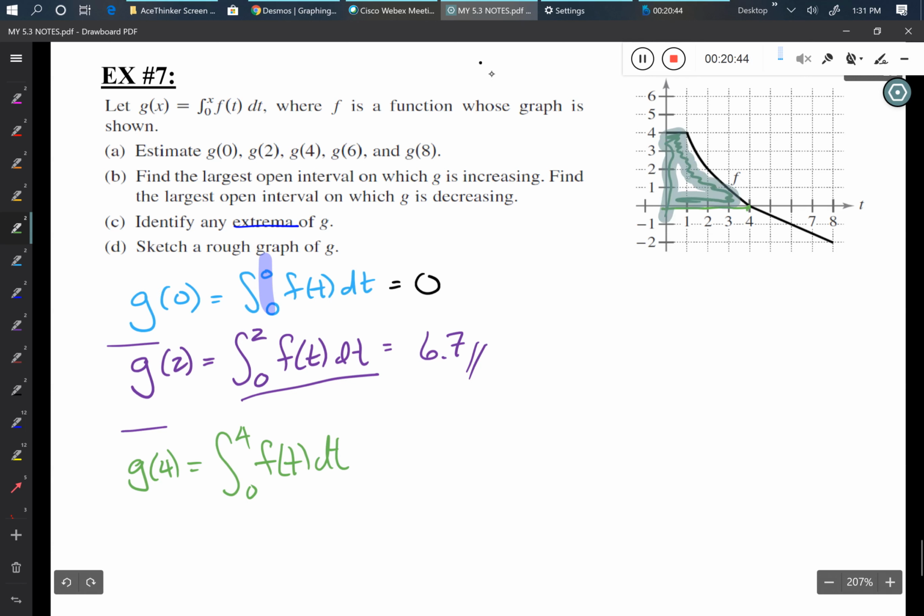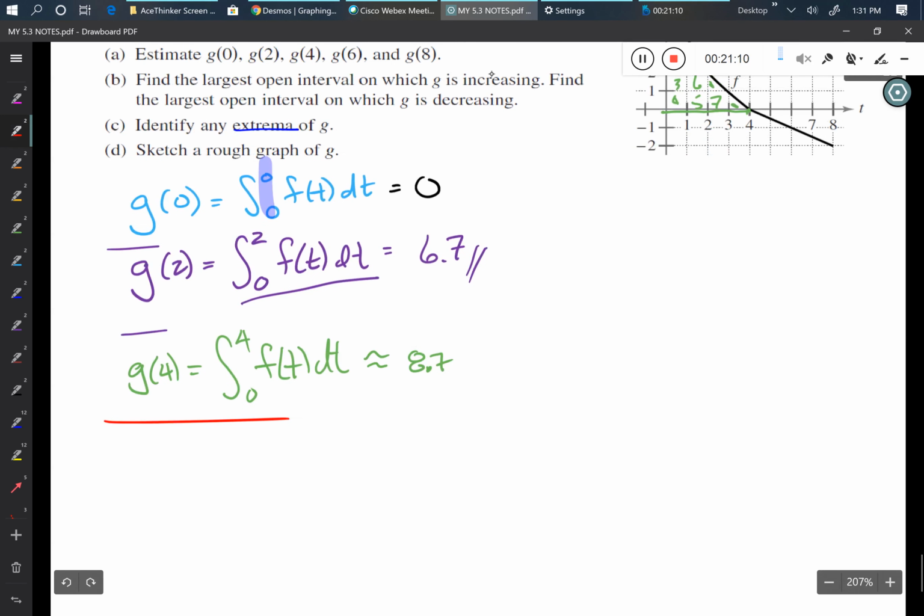And so what is that approximately? Well, 1, 2, 3, 4, 5, 6, 7 full. 8 if I count those two. 8.7? Okay.